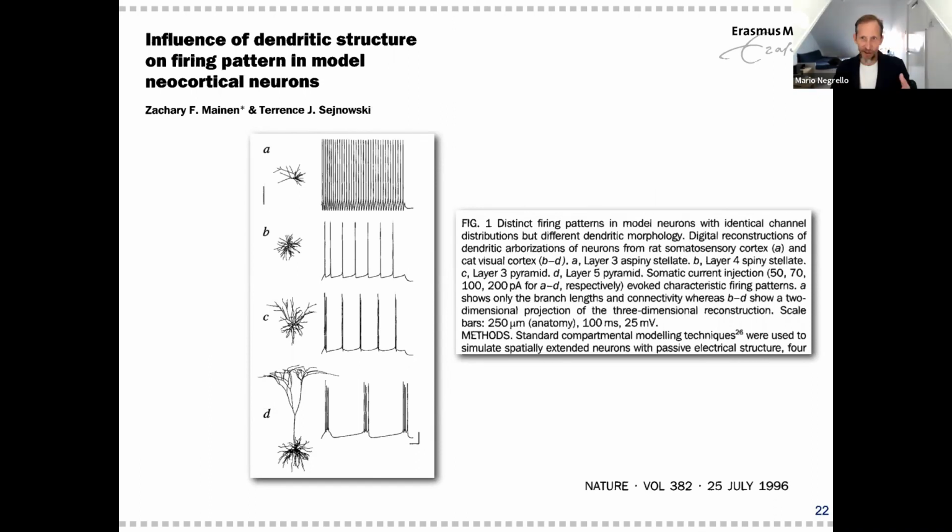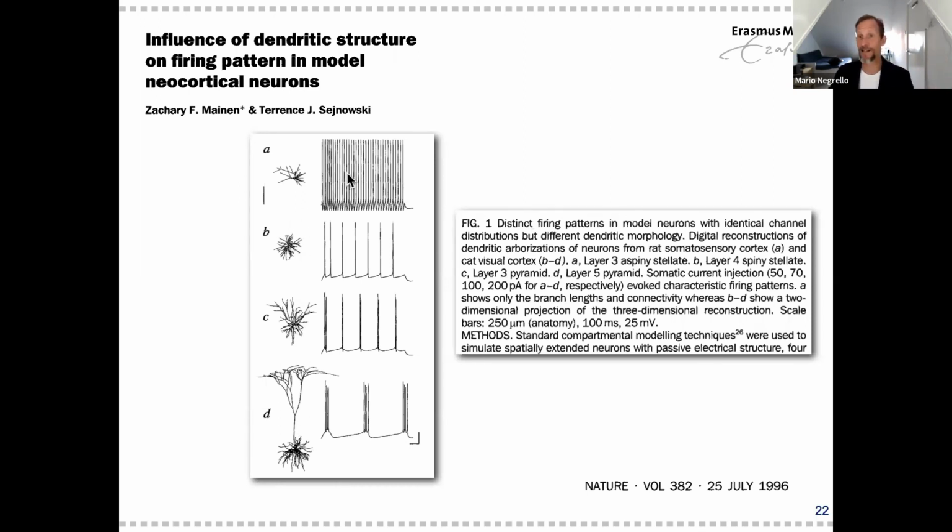So what they showed here is that a neuron with the exact same sodium and potassium densities in the different parts of the cell, these are different cells, A, B, C, and D, all of them have identical densities for the conductances. So the value for G bar for every single compartment is identical. And so by changing the cell morphology, these are reconstructed cells, you can see that they are doing something completely different.